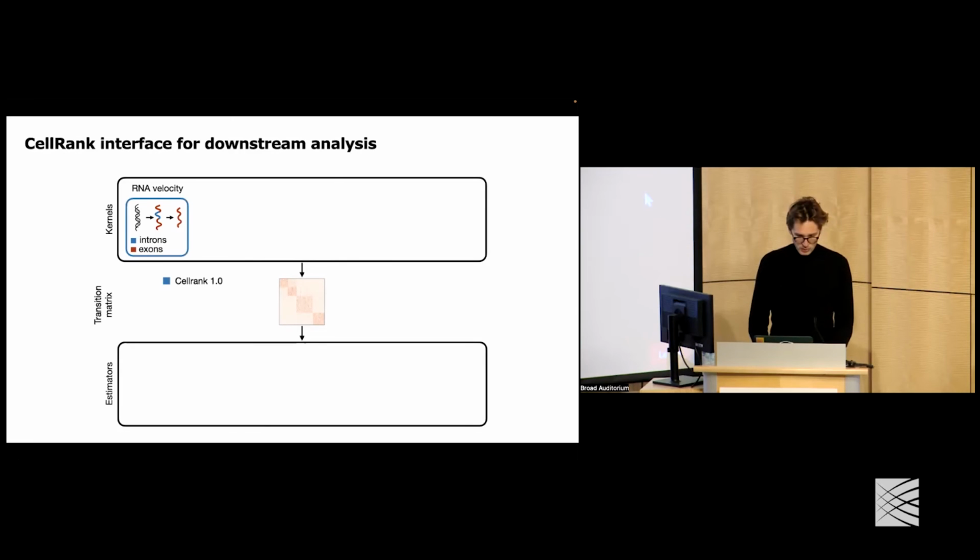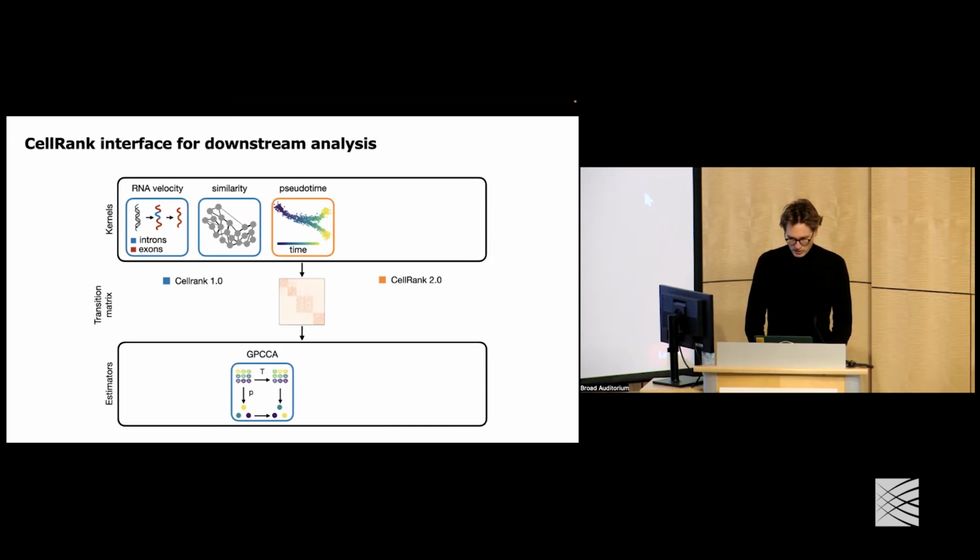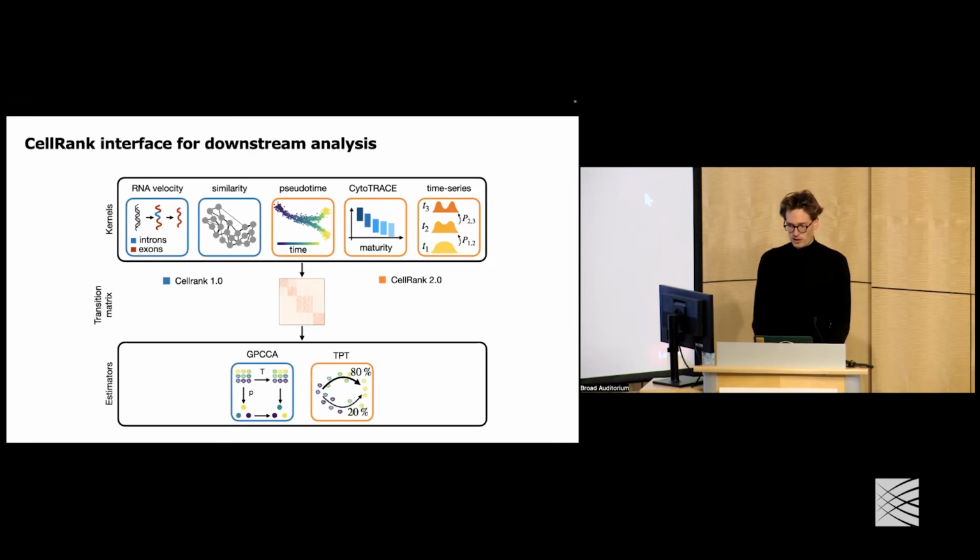In CellRank 1, we had RNA velocity as a kernel, as well as a similarity-based, undirected kernel. And we had the GPCCA estimator that we used to compute these initial and terminal states and to say something about how likely macrostates are to transition into one another. Now in CellRank 2, we have a pseudotime, a CytoTRACE, and a time series kernel in addition to a new estimator. And the time series kernel is the interface to Moscot.